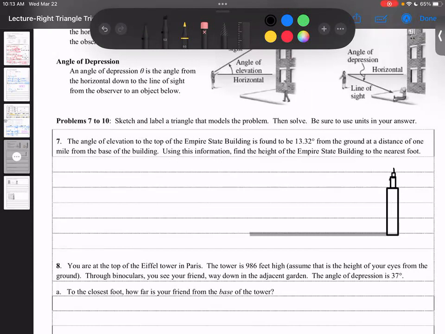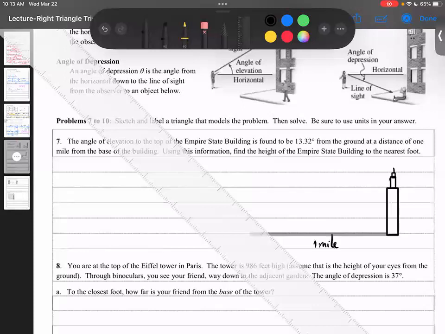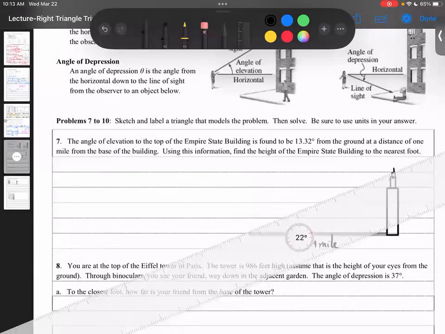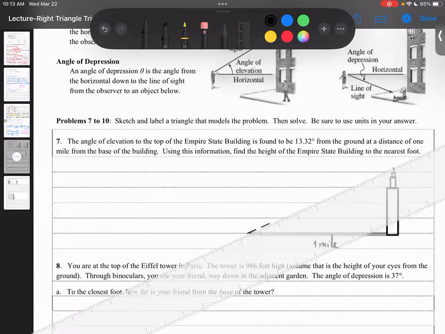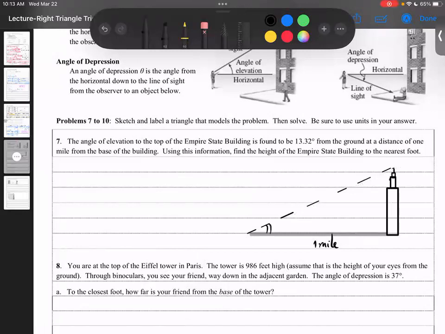So that right there is 1 mile. The angle of elevation. Remember, somebody there looks up, right? The angle of elevation, I'm going to call this theta, is equal to 13.32 degrees.